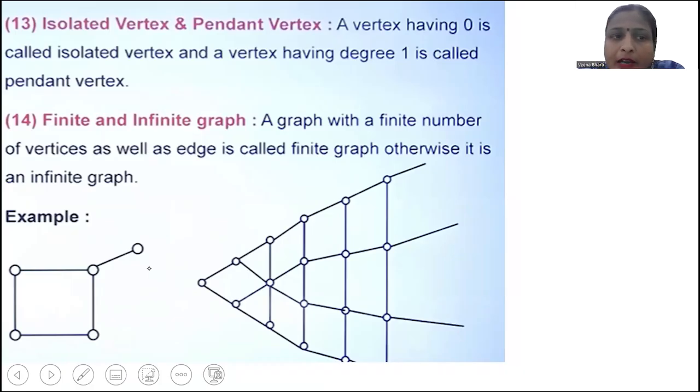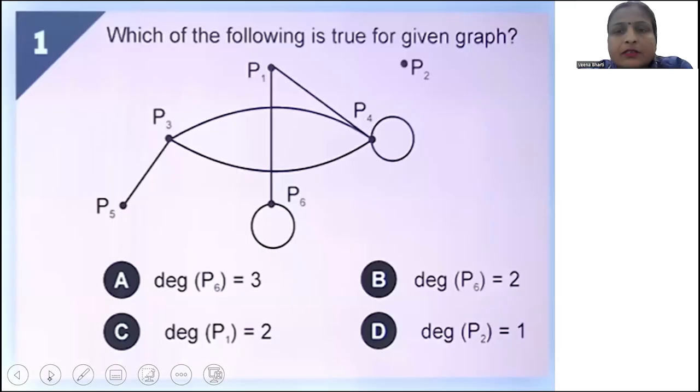Then the finite and infinite graph. A graph with a finite number of vertices is called a finite graph, and a graph that contains an infinite number of vertices and edges is called the infinite graph.